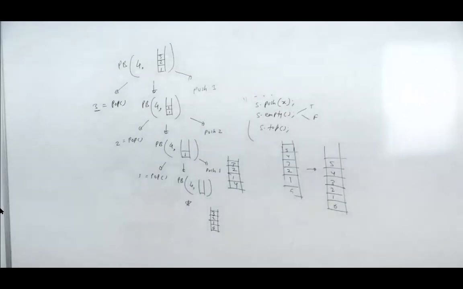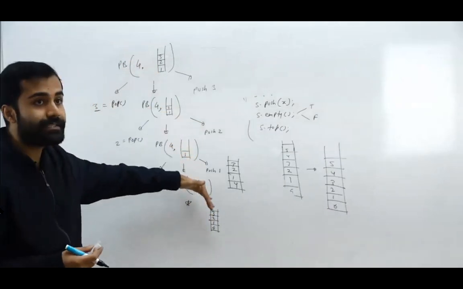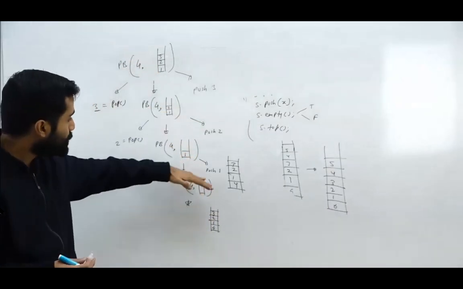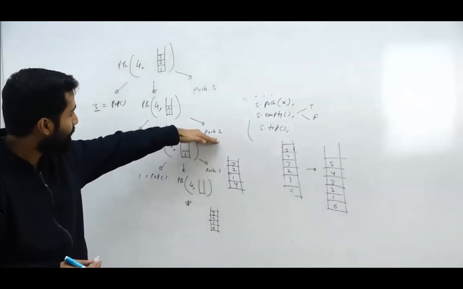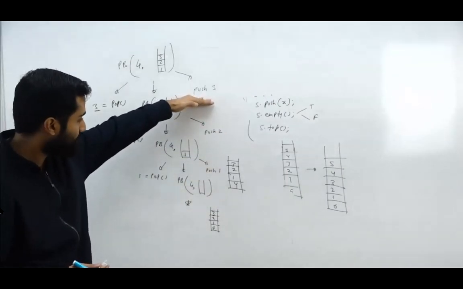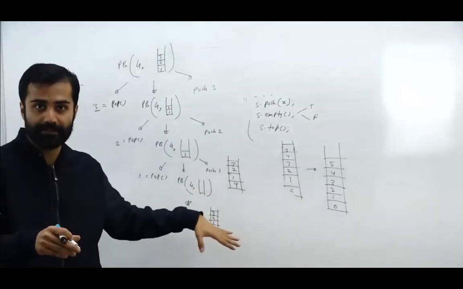Is it clear? How many of you understood how recursion also can ensure this thing? What happens really in recursion is that the stack of calls is created where push of 1 happens first, then push of 2 happens, and then push of 3 happens. And push of 4 is something that first happens on the empty stack.